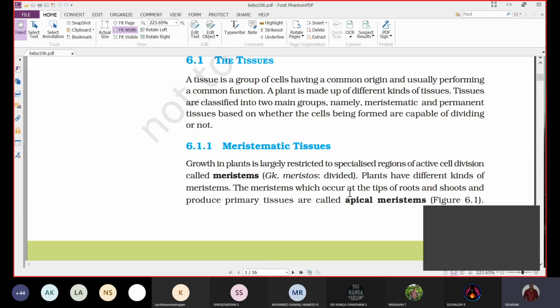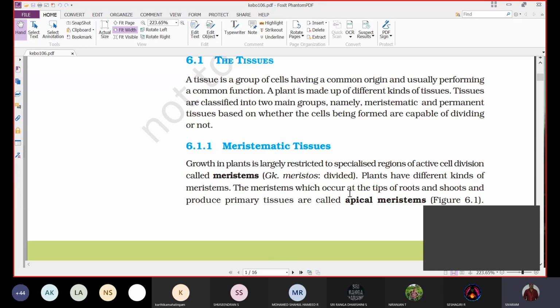The cells which continue to divide, those tissues we call meristematic tissue. And those tissues whose cells lose their capacity to divide, such cells are described as permanent tissue.